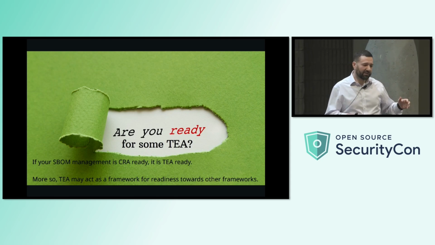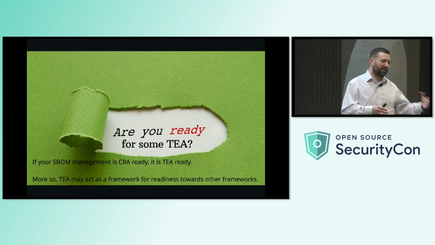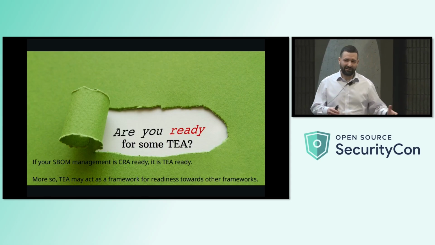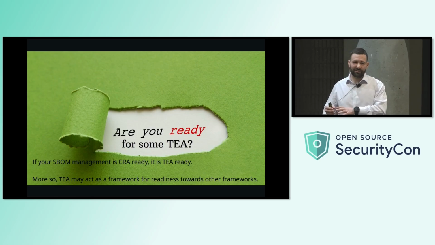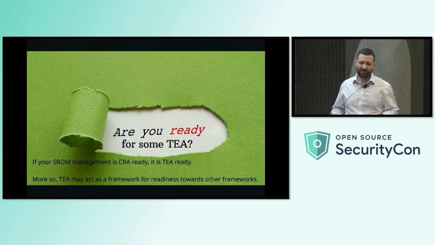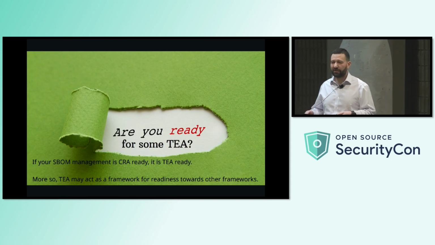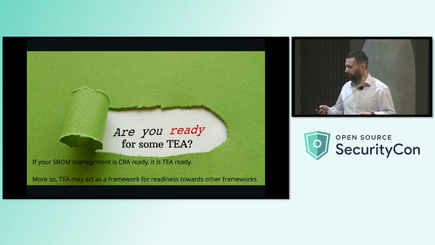On the other hand, I believe that if they start with the implementation of the Transparency Exchange API, it would be much easier to get to compliance with other things. So we're trying to build this framework which is compatible with other frameworks, like CRA that I mentioned.